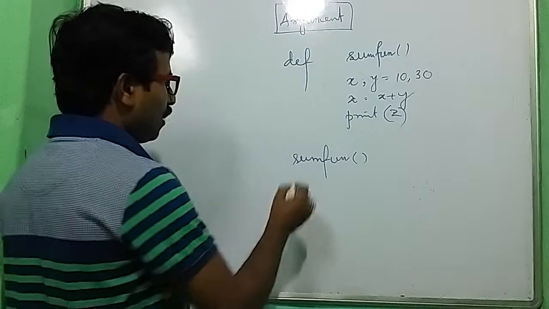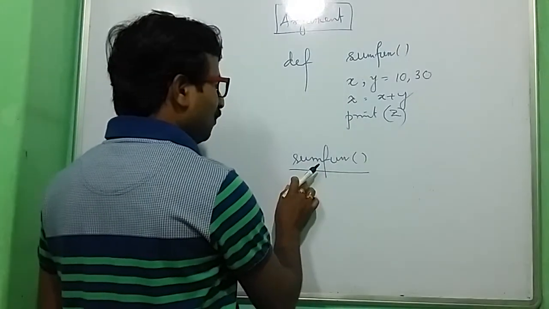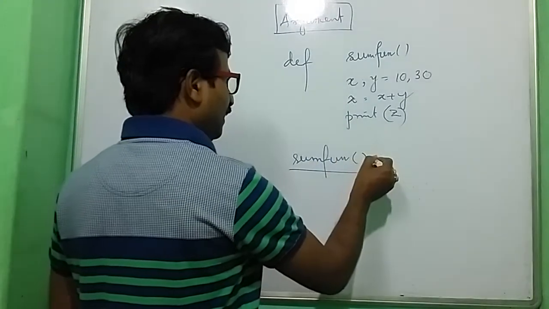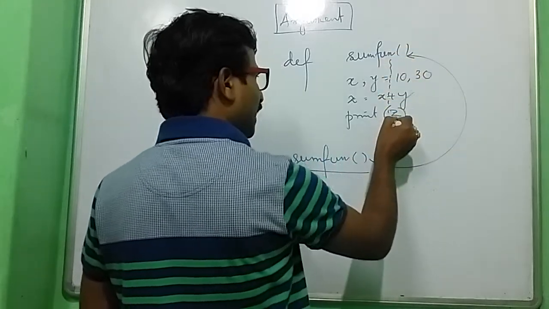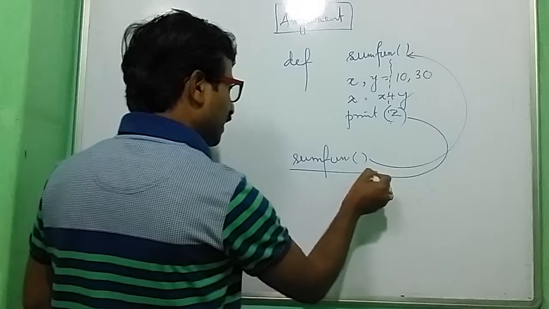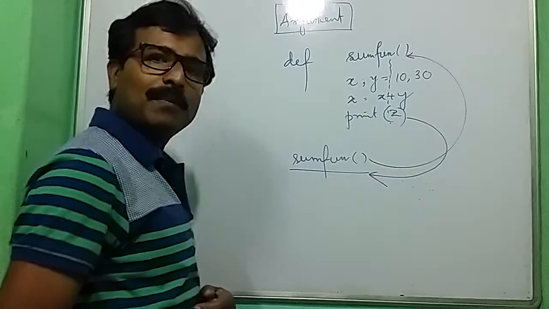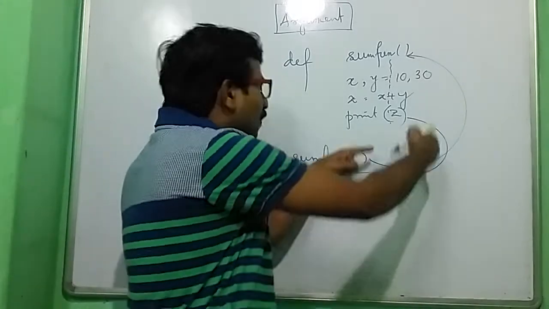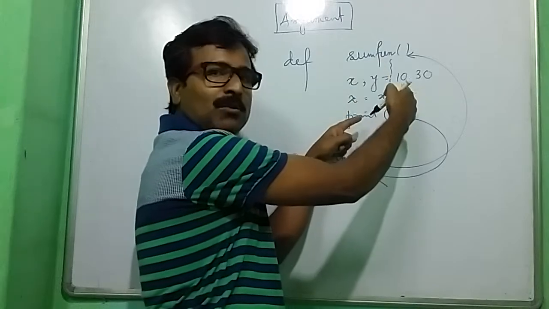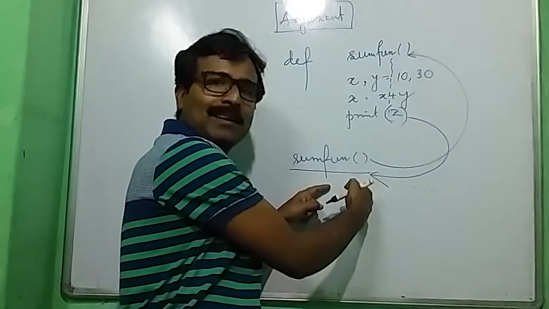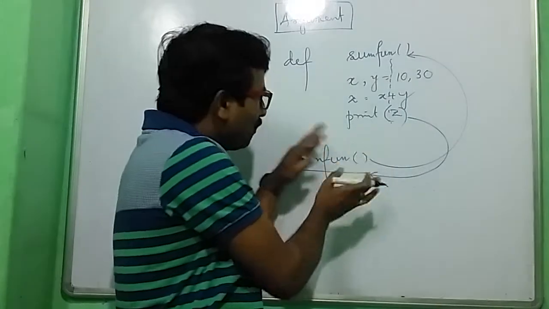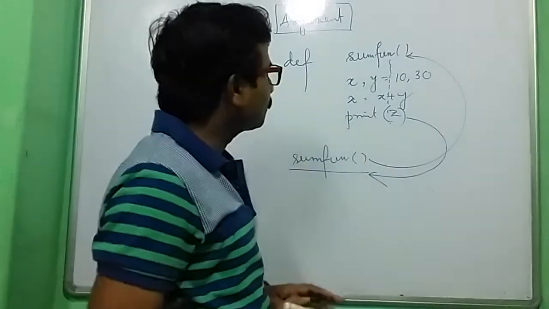So what used to happen is, from here we are calling the function, and from here it goes over here and executes these lines, and after that it comes back. This is how it happens: going to the function body to execute the body of the function line by line, and again coming back. This happens while we invoke a function.